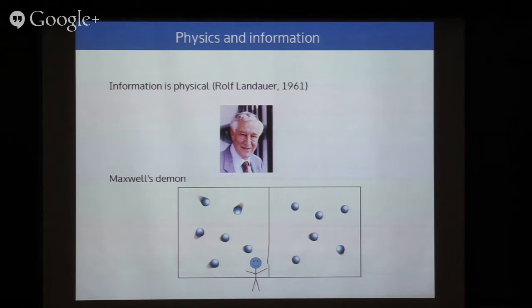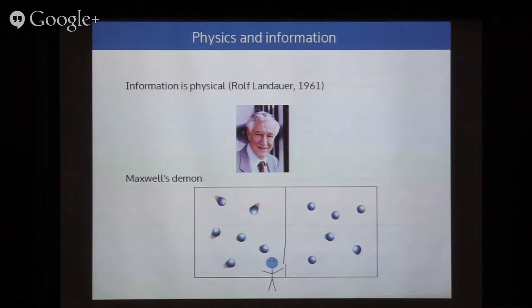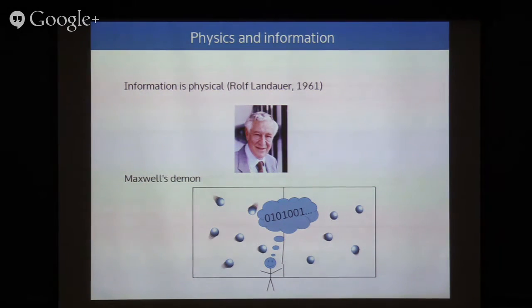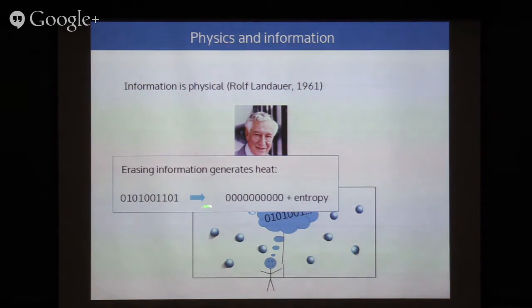We all know what happens after some time. You will have a cold gas here and hot gas there, and it seems that you have actually done work. So what's going on? How can you basically get rid of the entropy? When you look closely at this, what's actually happening is that the demon has to look at those molecules. The demon actually acquires information. And so the demon has to store that information somehow or forget the information. If the demon forgets the information, that's Landauer's principle.